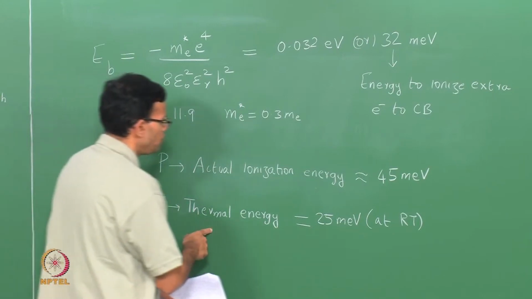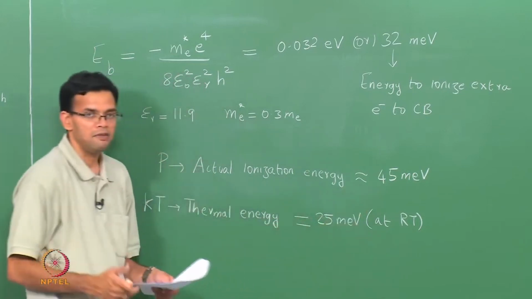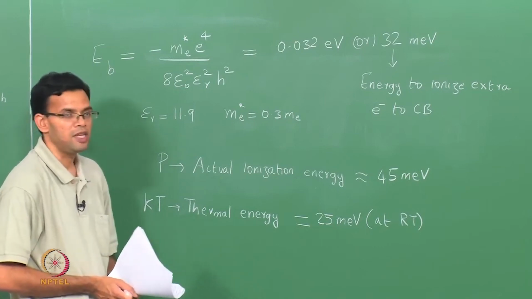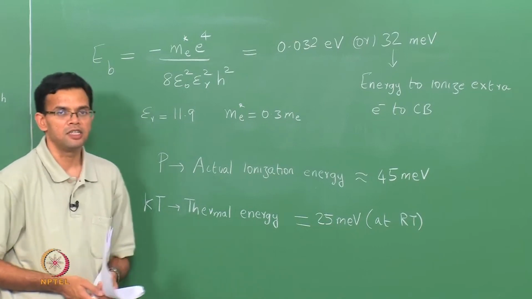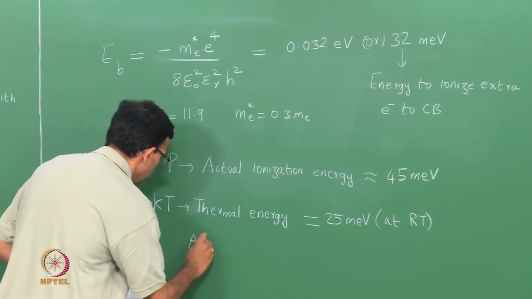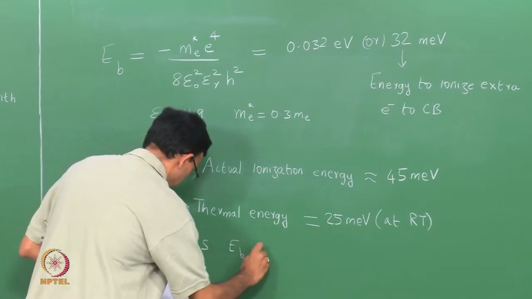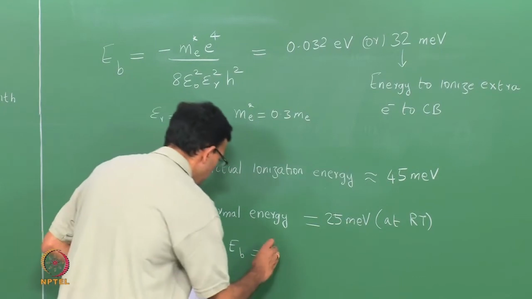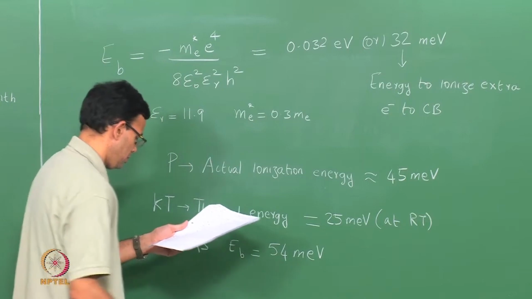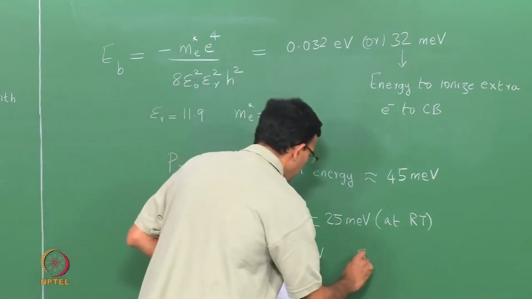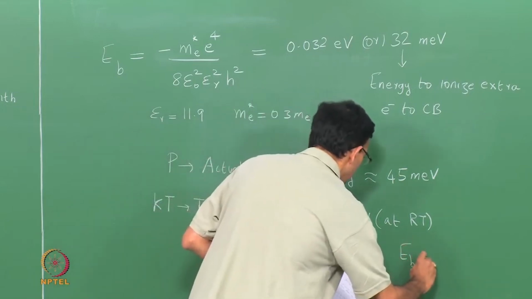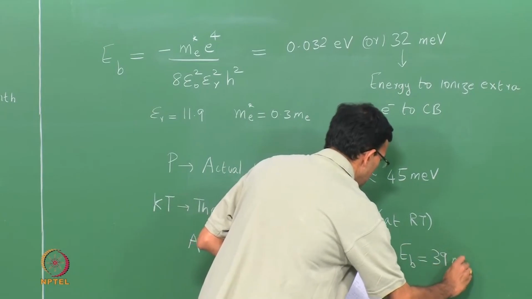So, the actual value for phosphorus is around 45 milli eV. We said there are other group 5 dopants like arsenic or antimony. If you look at ionization energies for these, they are also very similar. If you have arsenic, the ionization energy is around 54 milli eV, and if you have antimony, the ionization energy E_B is around 39 milli eV.